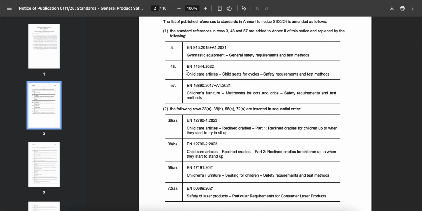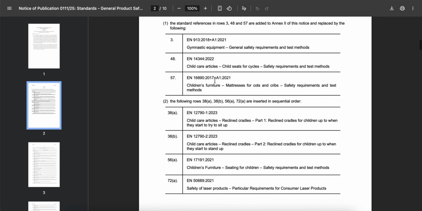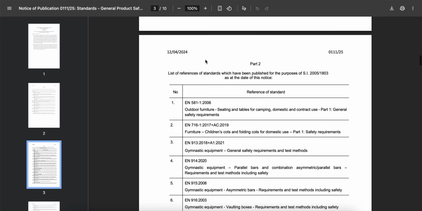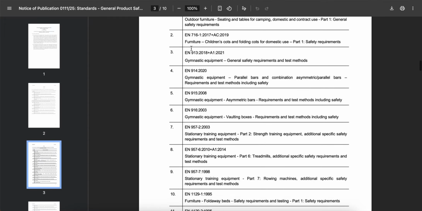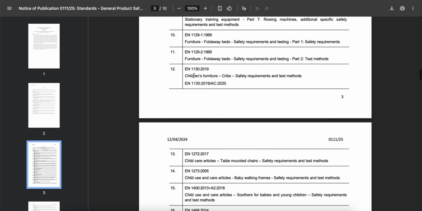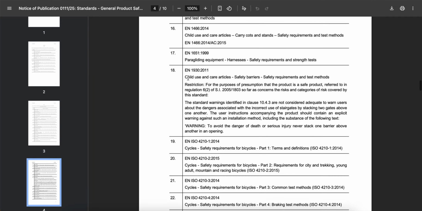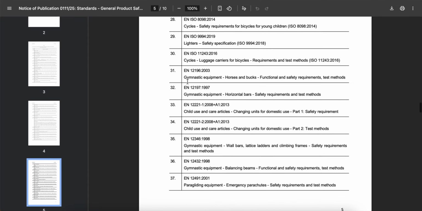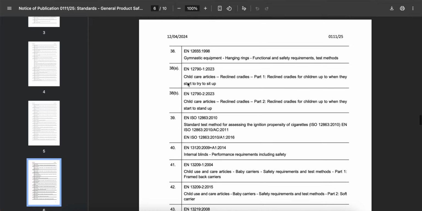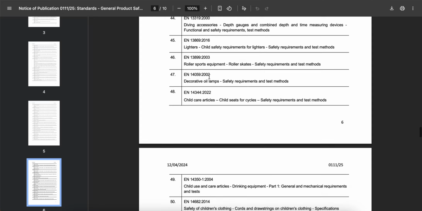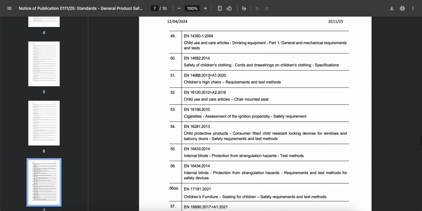Here you will find child care articles, children's furniture, gymnastics equipment, outdoor furniture, again more gymnastics equipment, children's furniture, cycles, internal blinds, roller sport equipment. So you can see that these are quite specific.